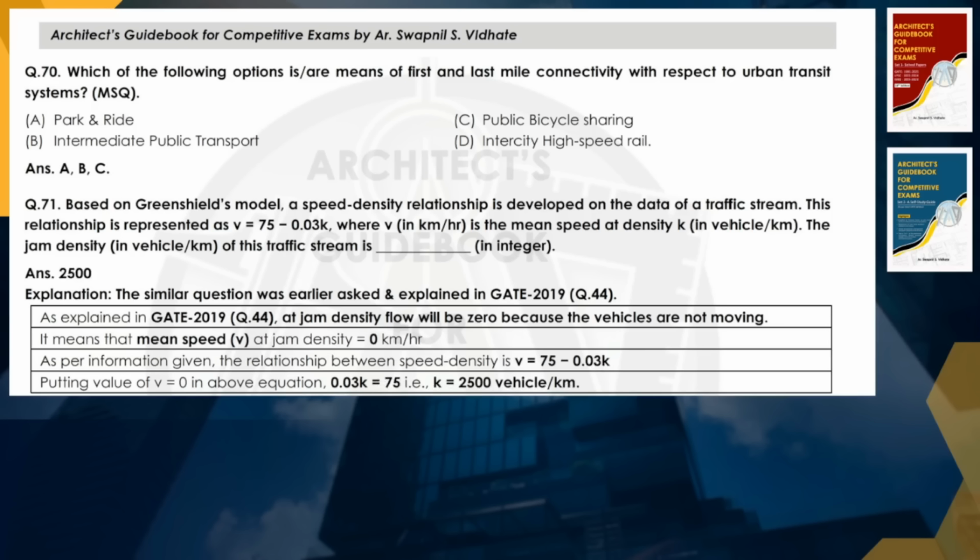So this is the answer. The jam density will be 2500 vehicles per kilometer. When the density reaches 2500 vehicles per kilometer, vehicles will not move from that place and it will create the jam. So a very easy question. In just 3 steps we have solved this numerical answer type question.